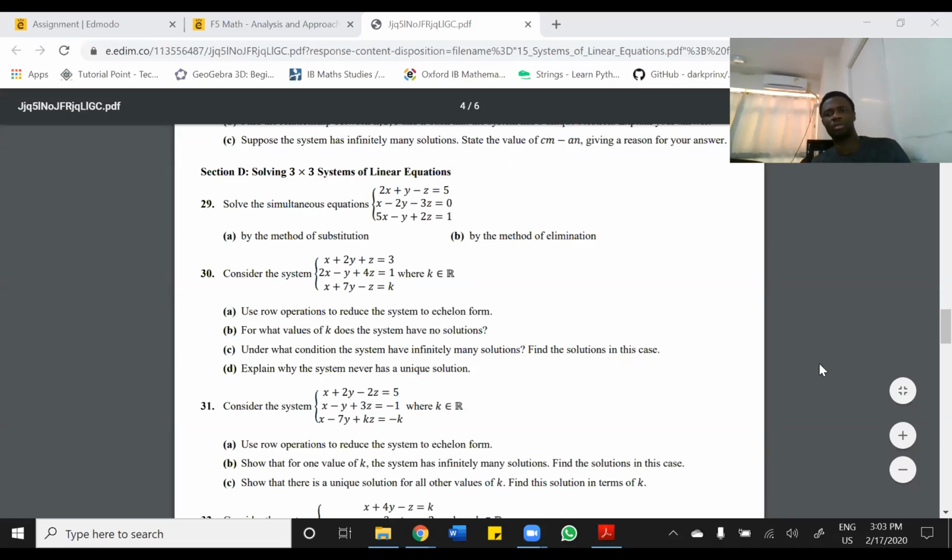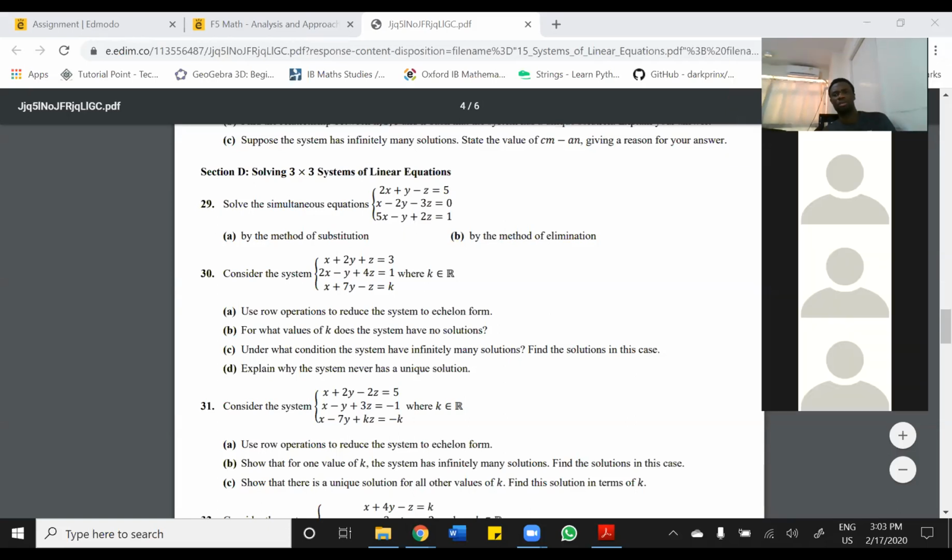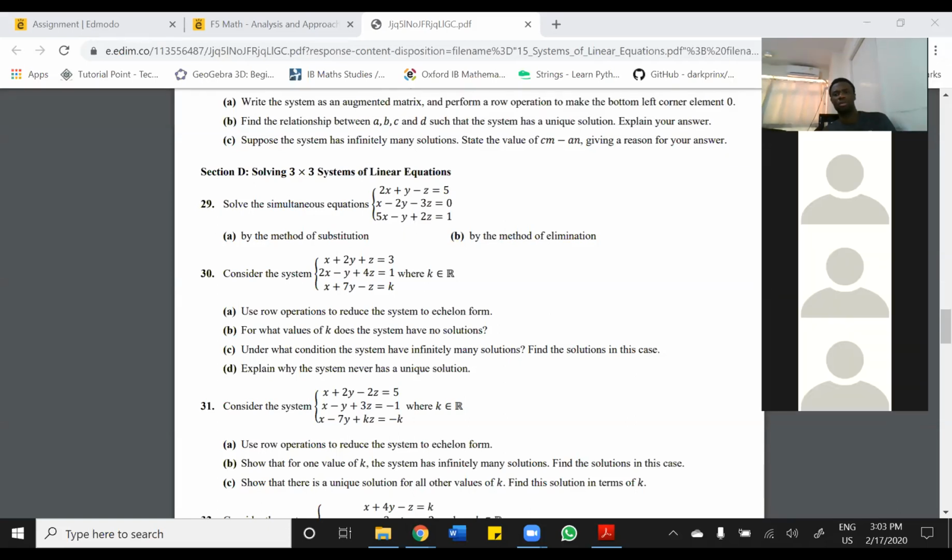Has anyone tried to do it? Yes. Is that a yes, I've tried to do it, or yes, what? Tried, okay. Were you able to get it? Nikita, you said tried.